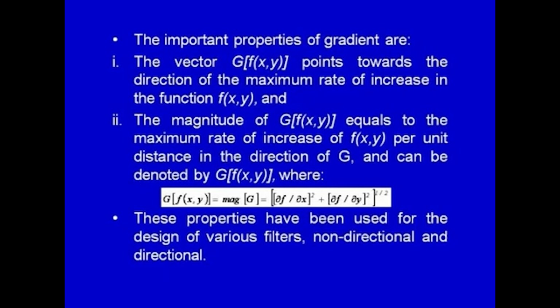It can be denoted by the magnitude of g, which equals the square root of the differential of f with x whole squared plus the differential of f with y whole squared. These properties have been used for the design of various filters, non-directional and directional.